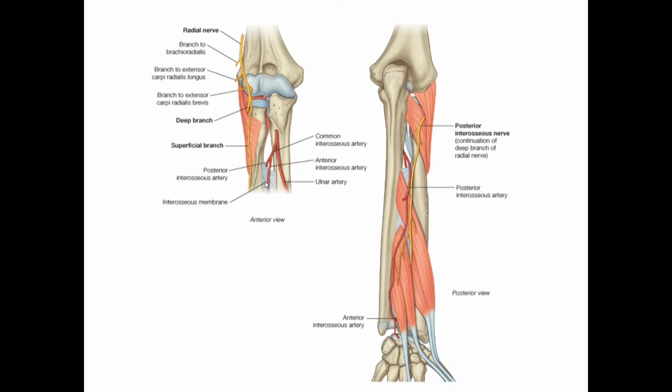In between this posterior and anterior interosseous, we have the interosseous membrane, and even the name implies where it is located, right? So this is the posterior part, and now to see on the posterior view, this is our posterior interosseous artery, right?